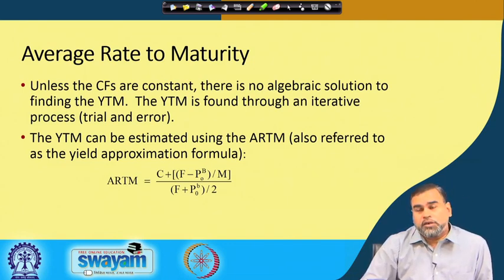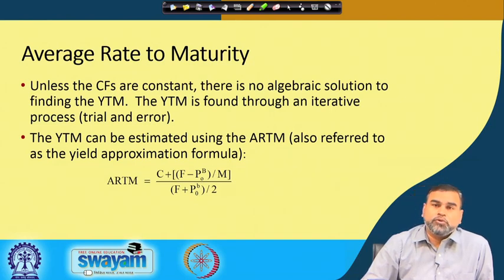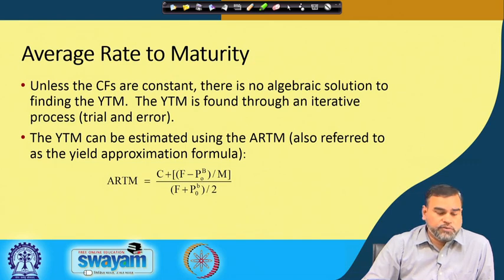But it is relatively difficult to go for an iterative process every time. So, one of the ways to find the YTM, which may not give you the exact answer, but you can find a close answer with respect to the yield to maturity.